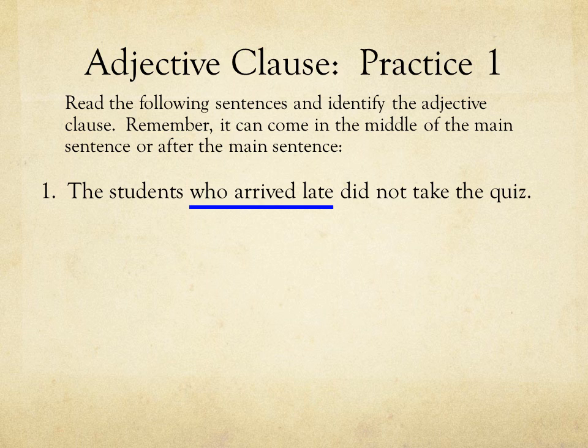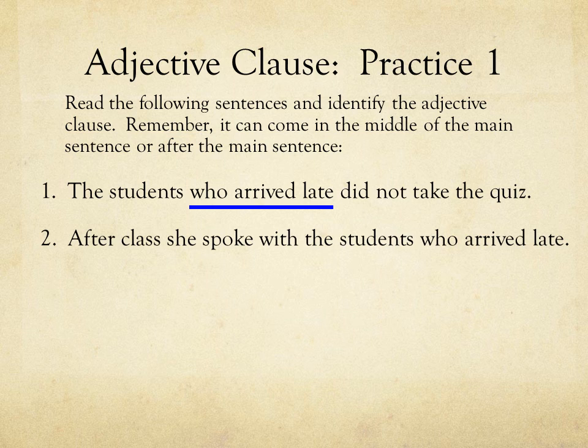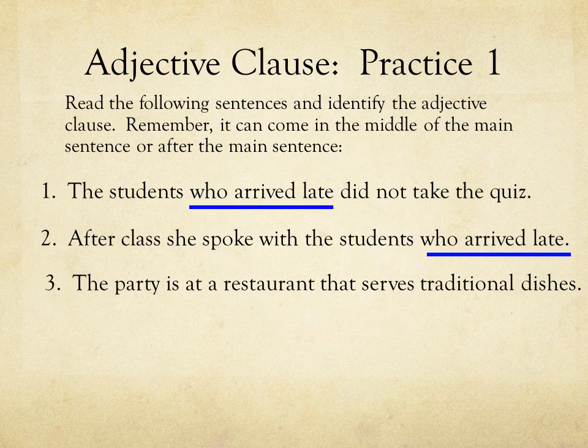The adjective clause is who arrived late. Number 2. Again, the adjective clause is who arrived late. That serves traditional dishes is the adjective clause this time.